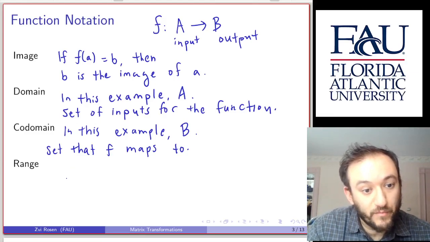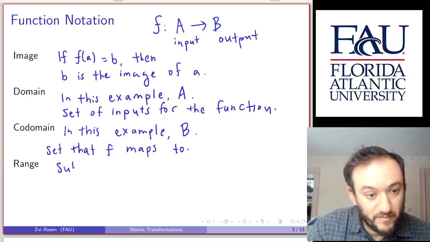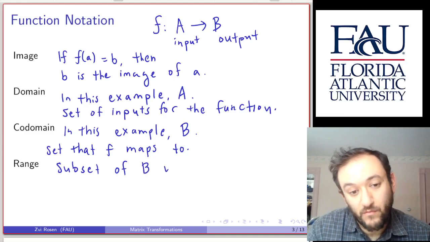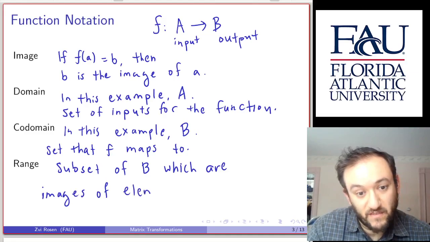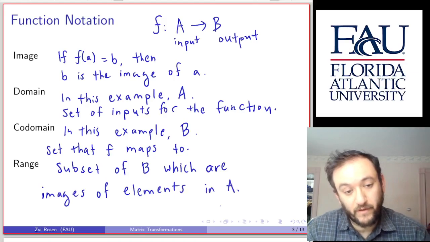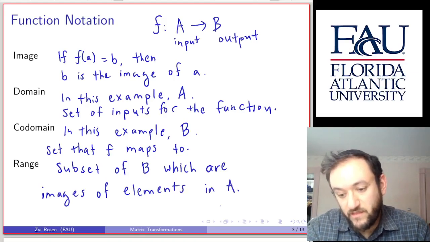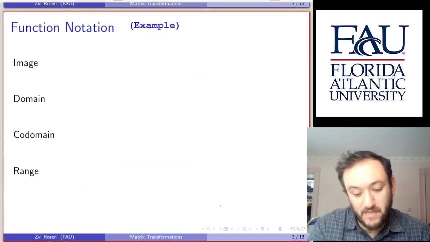So the range is the subset of B which are images, in the sense we just described, of elements in the domain. Okay, so these are 4 terms that we should be familiar with, and let's see how they're used in the context of a specific example.